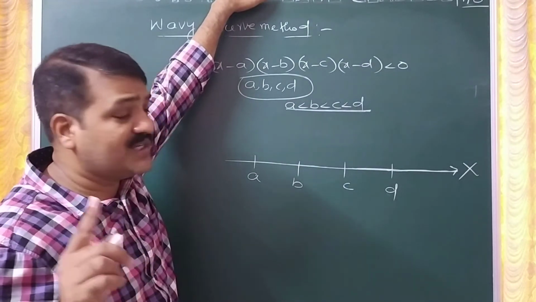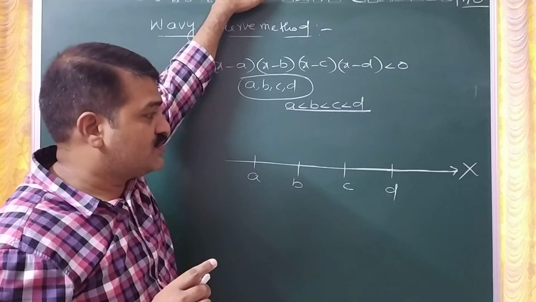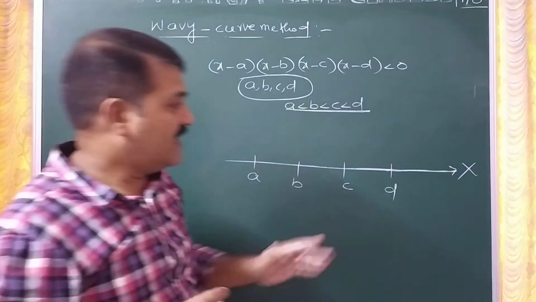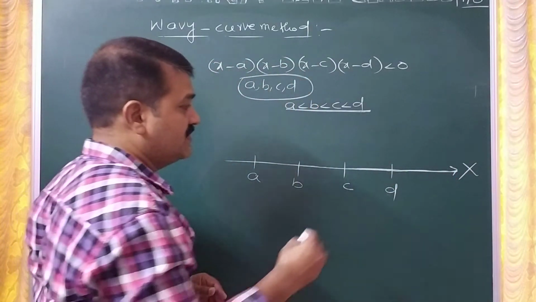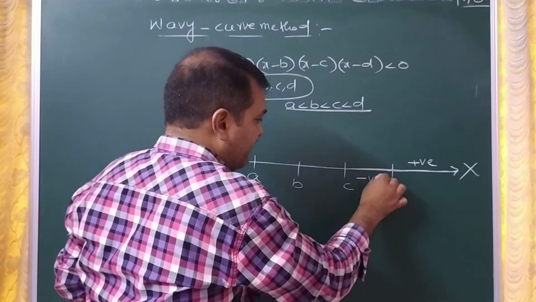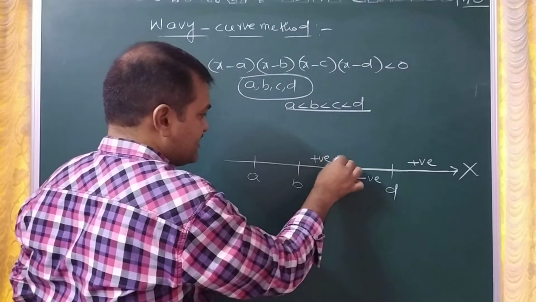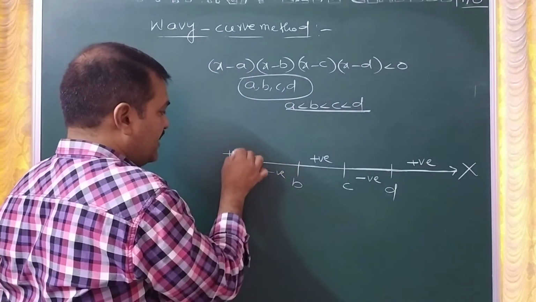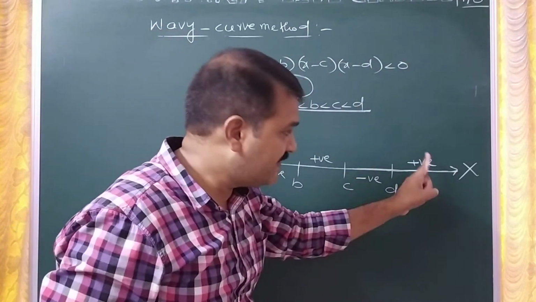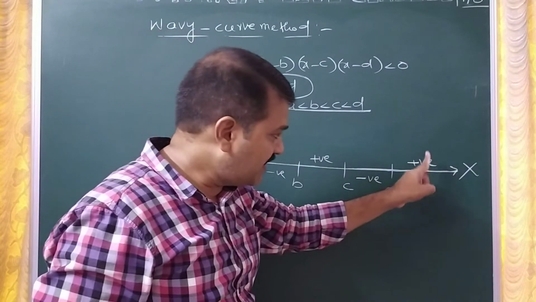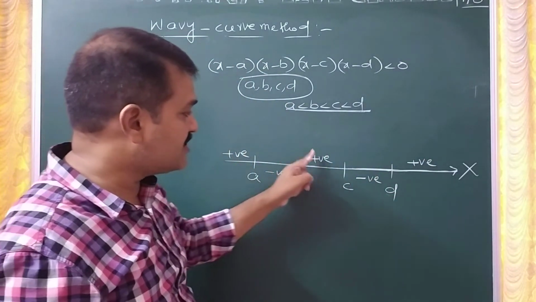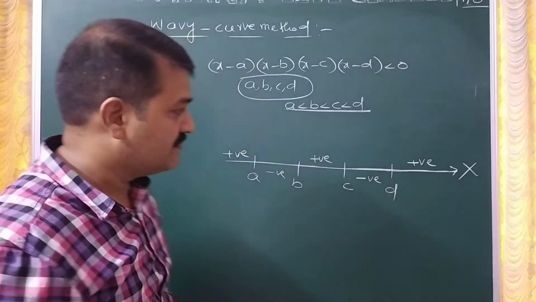So our solution will be done in this process. Starting from right to left, starting with positive, alternately you mark positive and negative symbols like this.